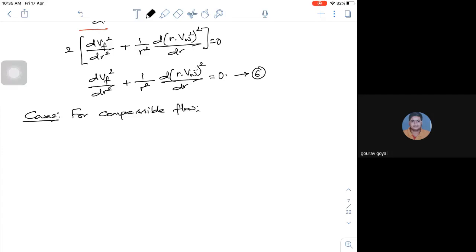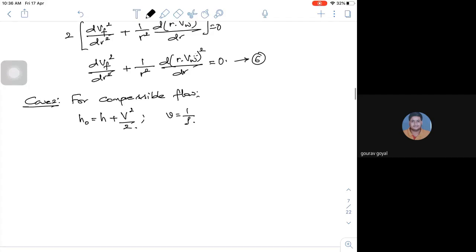So what we have in terms of enthalpies. We try to express in terms of enthalpy. For compressible flows, the total enthalpy H naught is equal to H plus V square by 2. And we have the specific volume given by 1 upon density.